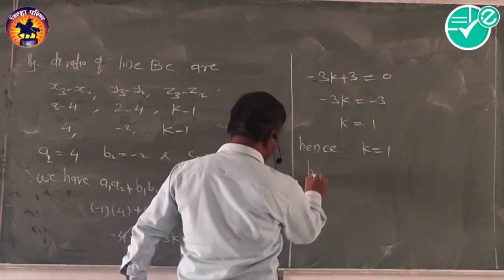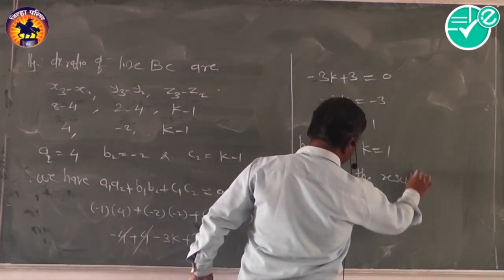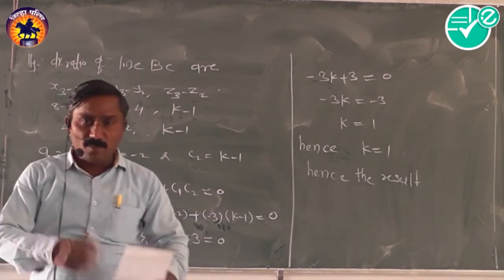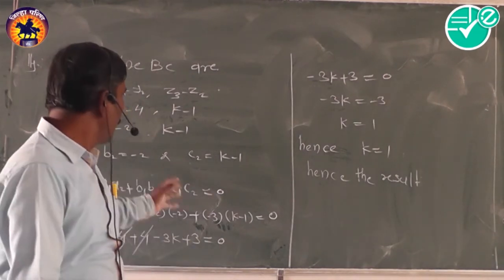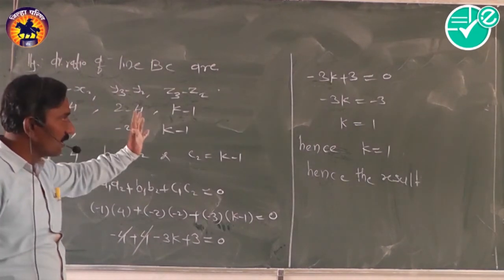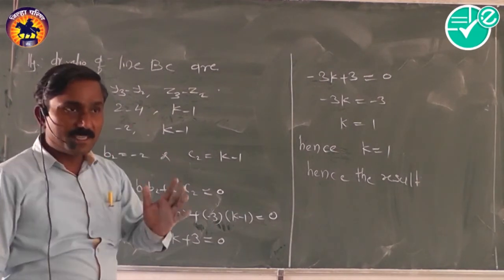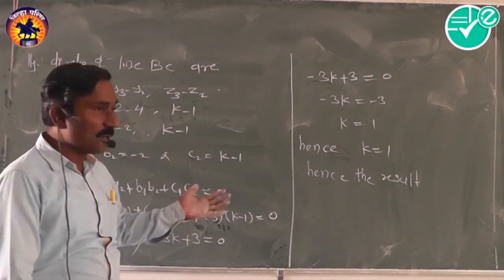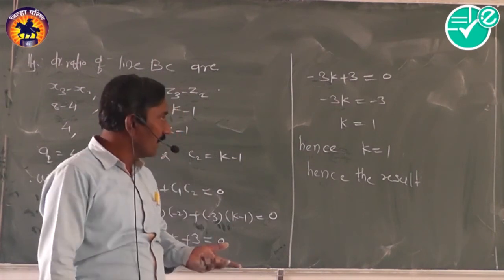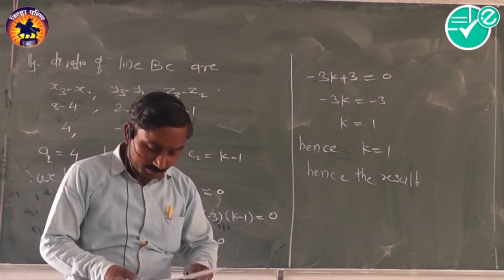Hence the result. Such types of examples are very important. If the direction ratios are not given, but the figure is given which shows which angle is a right angle, from that we can calculate the value of k.